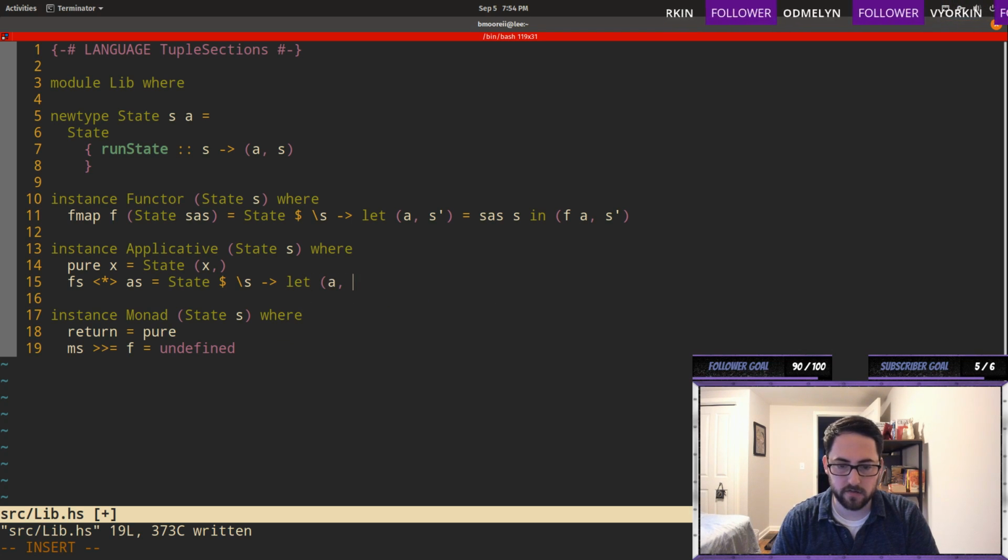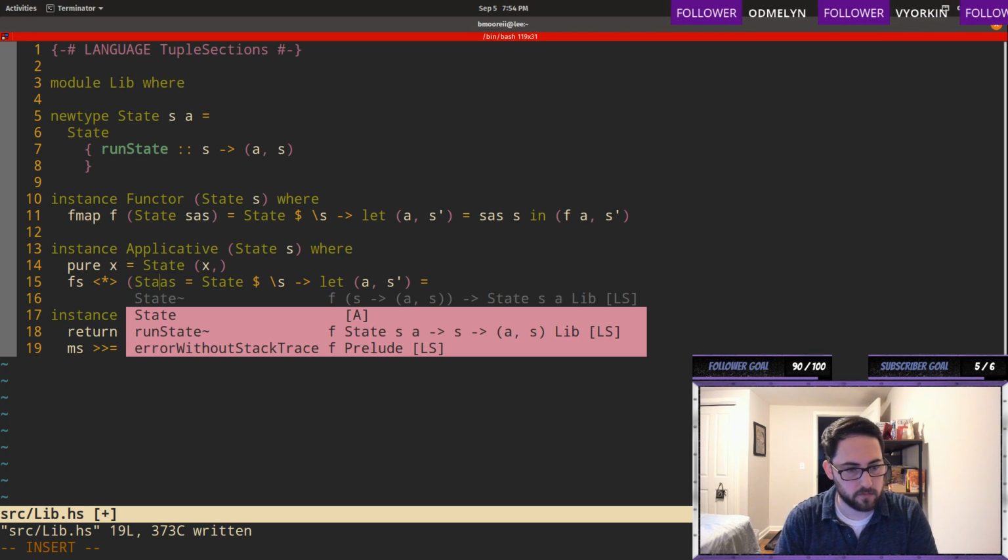And we're probably going to need something like this. But we probably want a pattern match on this.